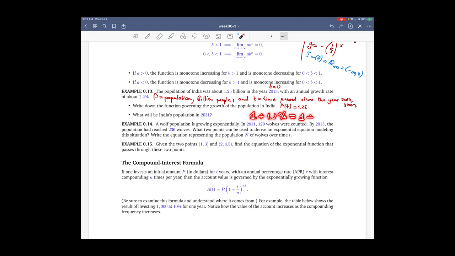That is 1 plus 0.012. 0.012, that's 1.2%. So when I add the two numbers, I get 1.012. That is the base of my exponential function. That's b.